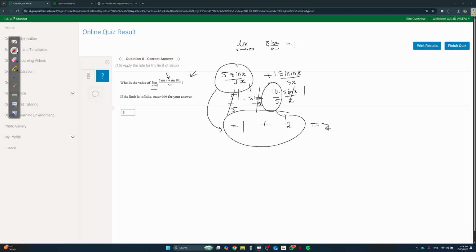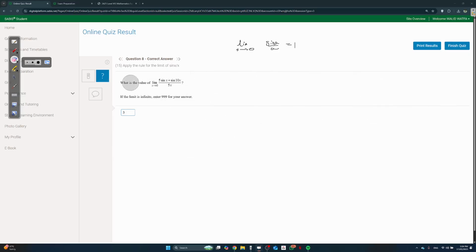Okay? Let me repeat this one more time because I think I kind of confused people with this. If you want an easy way to do it, just multiply the numbers up, divide by the numbers down. That's pretty much it. But in this case, you must separate it. Can you actually do 50 divided by 5? No, you have to separate it.